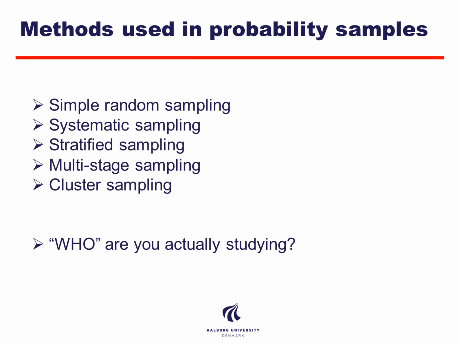And when you want to decide how to sample, you should think about who you are actually studying. Who would you like to make inferences about? As an example, if you want to study older adults with osteoarthritis, do you want to make inferences about the entire population, meaning everybody in the background population? Then, of course, you should use some kind of sampling in a background population, maybe by the CPR number, something like that.